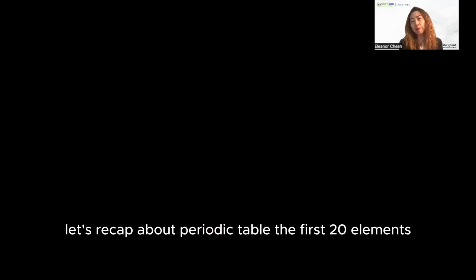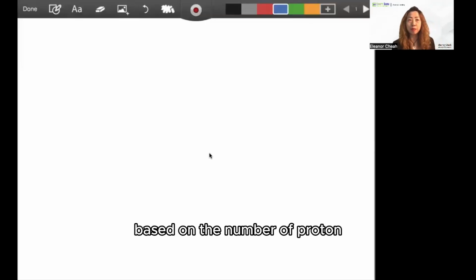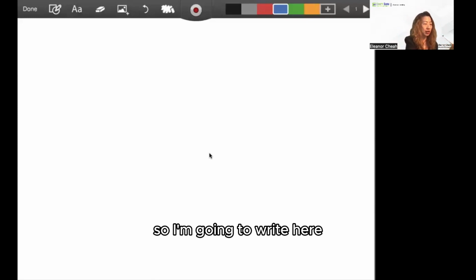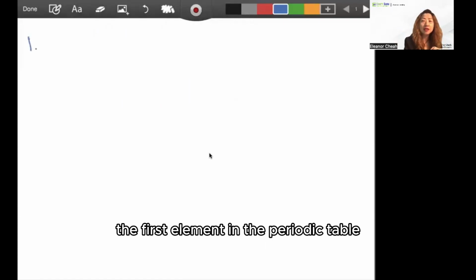Let's recap about the periodic table, the first 20 elements based on the number of protons. So I'm going to write here the number of protons for the first element in the periodic table.